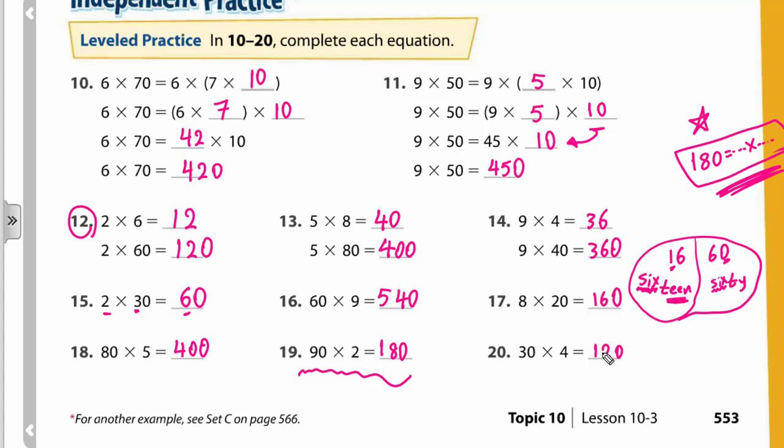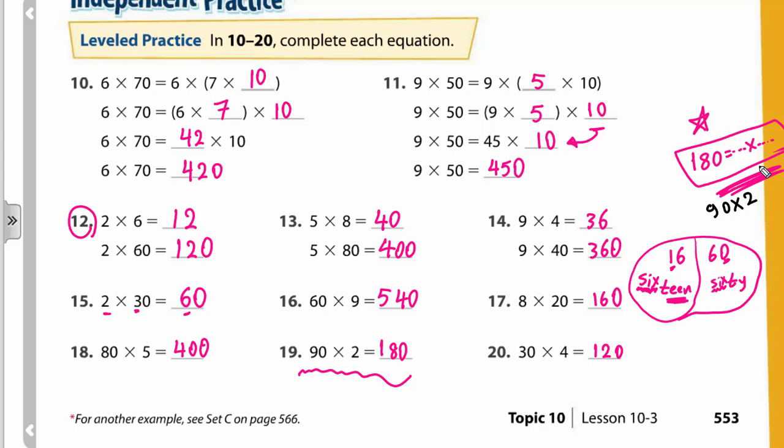As you can see, we can use 90 times 2. Great. Okay, thank you, Ibrahim. And I want any two other numbers that we can multiply to get 180.